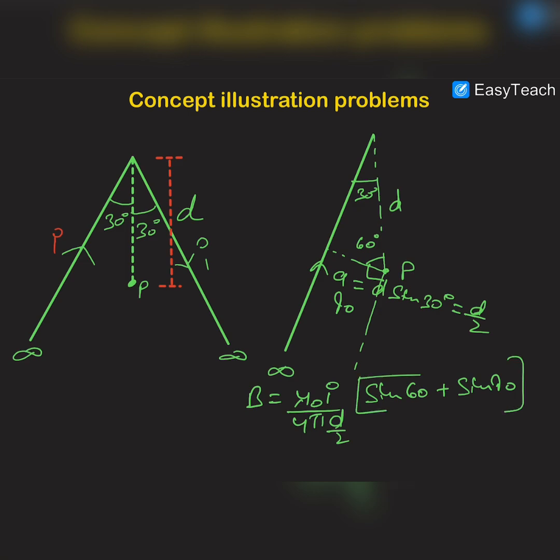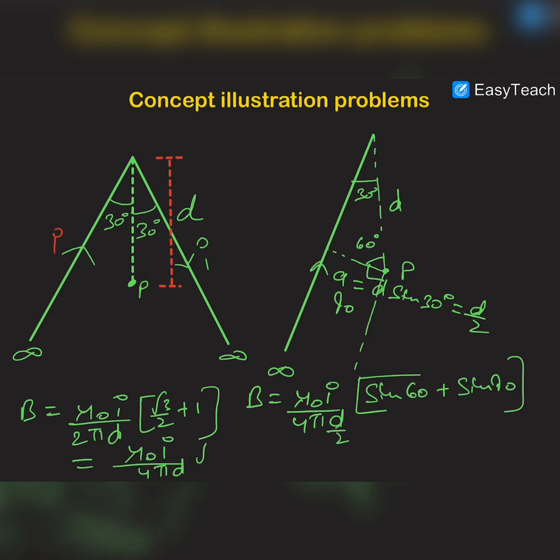So this will be the magnetic field due to a single wire. So B will be equal to mu naught I by 2 pi d. Sine 60 is root 3 by 2 and sine 90 is 1. So it would be equal to mu naught I by 4 pi d into root 3 plus 2.